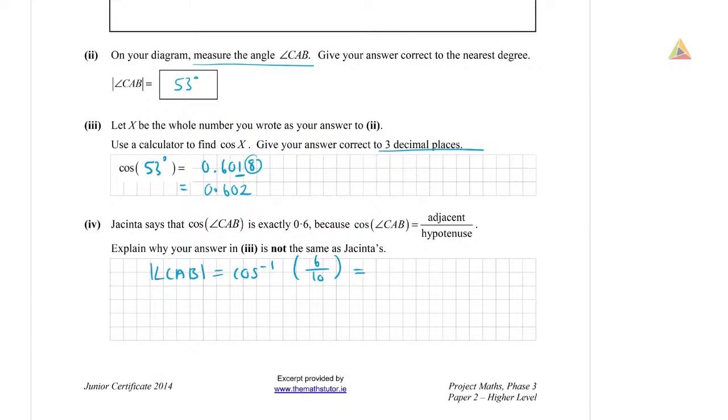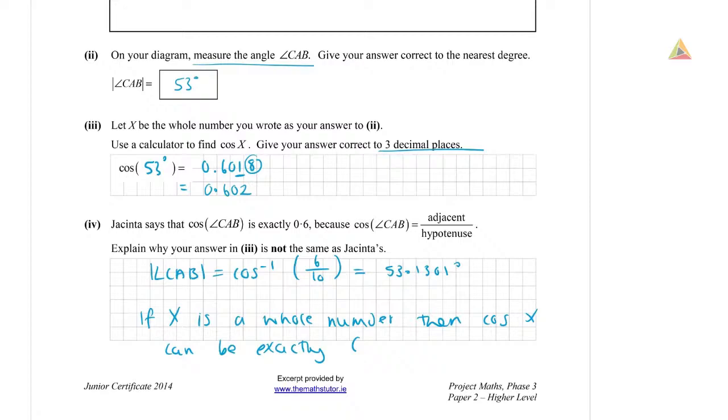Now, you put that into the calculator, you will get 53.1301 degrees. So the answer here is if x is a whole number, then the cos of x can never be exactly 0.6. So it can never be exactly 0.6.